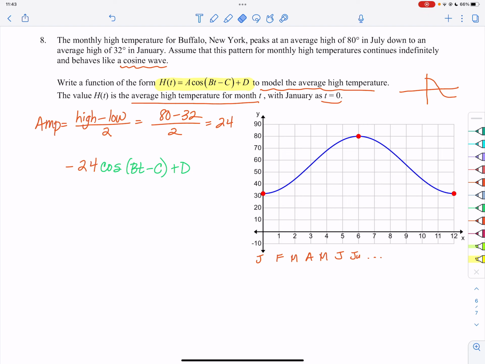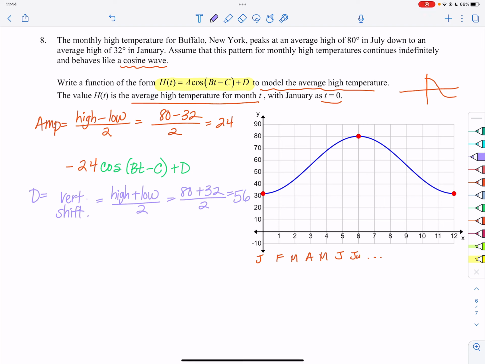Now we'll go to our vertical shift. D is equal to the vertical shift. And that's equal to the high plus the low divided by 2. And we have 80 plus 32 divided by 2. And we have 56.